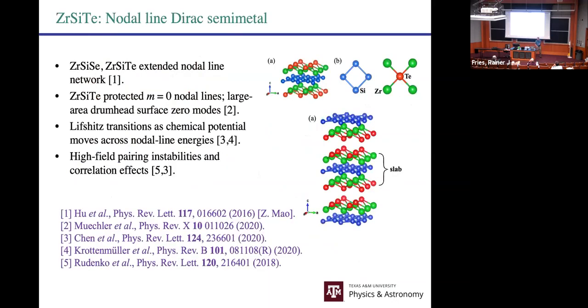But I'd like to actually move on to another system. Zirconium silicon telluride is the nodal line semimetal that I mentioned, and probably just as much as ZrTe5 in condensed matter.